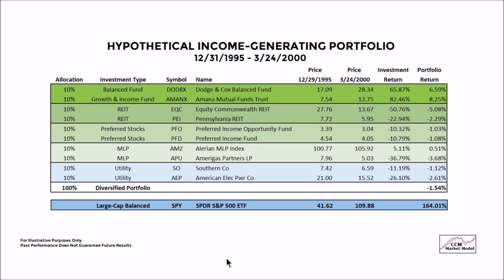Why? Because the S&P 500, or SPY, with dividends reinvested, gained 164% over this same period. A diversified portfolio with a balanced fund, a growth and income fund, REITs, preferred stocks, master limited partnerships, and defensive utilities lost 1.54%.